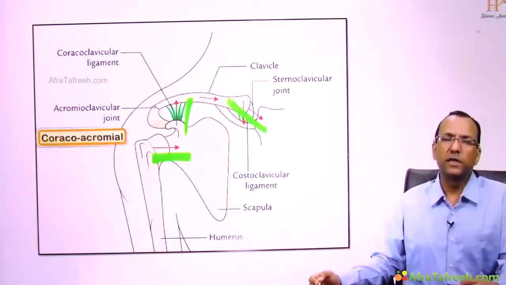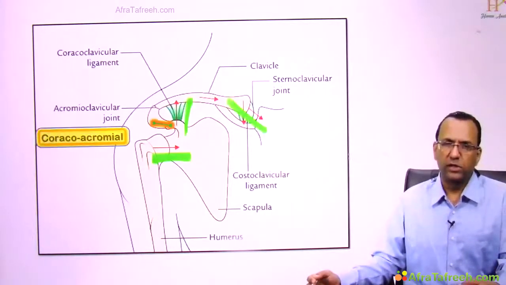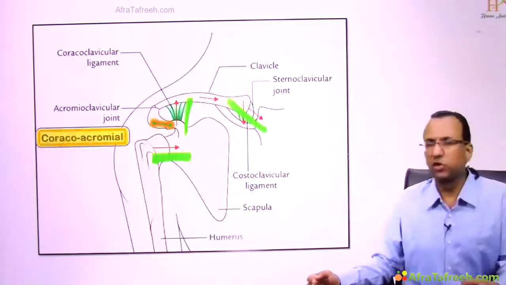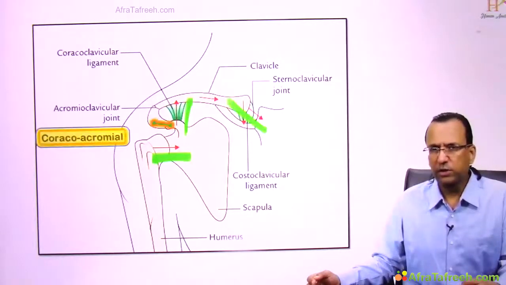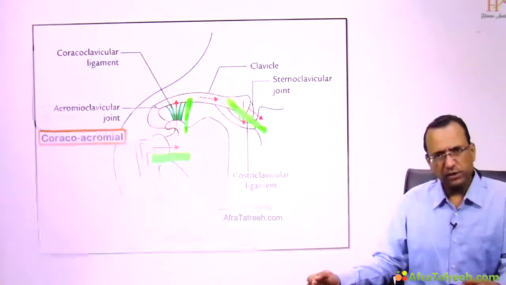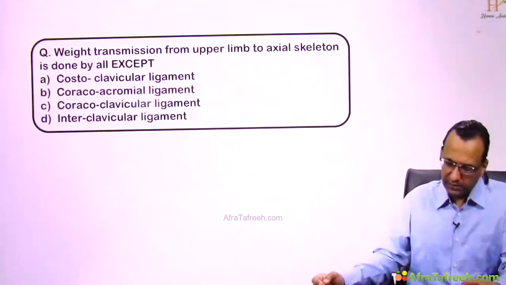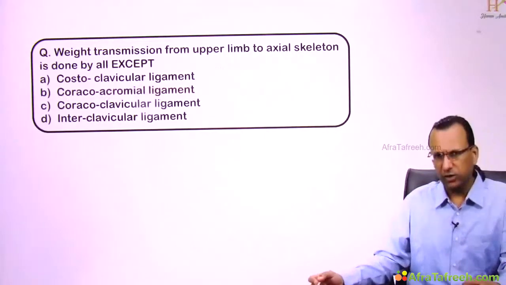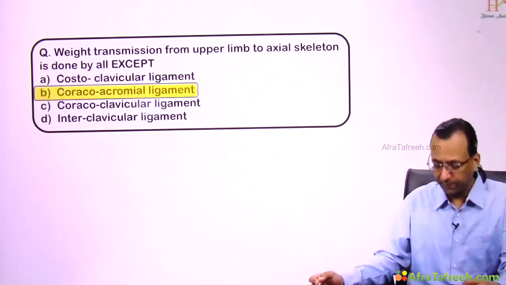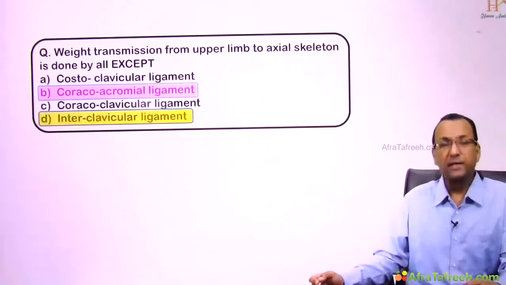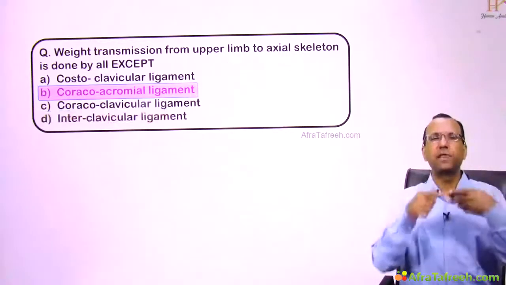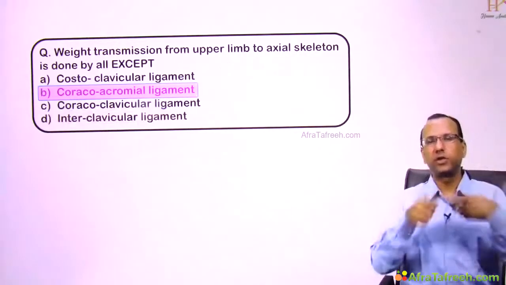It is attaching the same bone. So it is not attaching the first bone to the next bone? No. So it is not for weight transmission? No. That is the answer? Yes. If you say coracoacromial is the answer because it is attaching to the scapula and scapula only, fine. What about this interclavicular? Interclavicular ligament is between the clavicle, but it is also attaching to sternum bone.